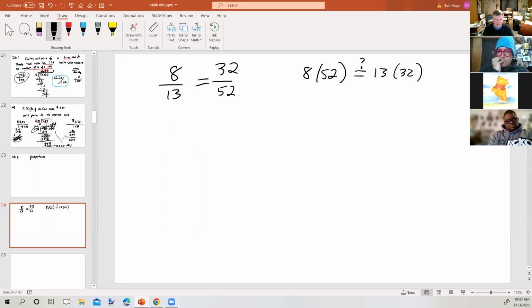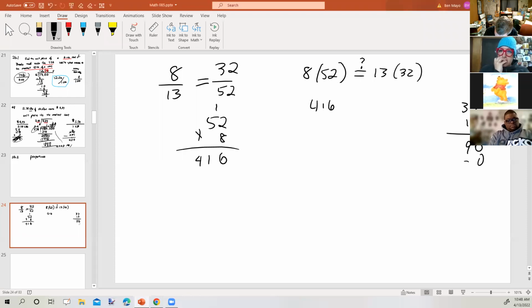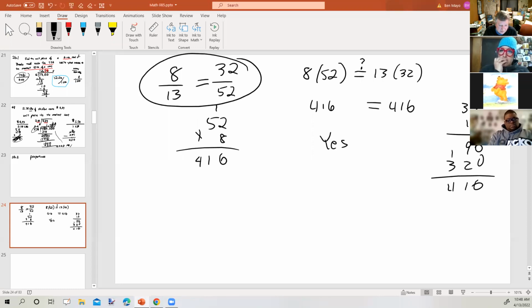In other words, is the product of the extremes equal to the product of the means? Let's take 52 times 8, which is 416. Let's take 32 times 13, which is 416. So yes, this is a correct proportion because the product of the extremes equals the product of the means.